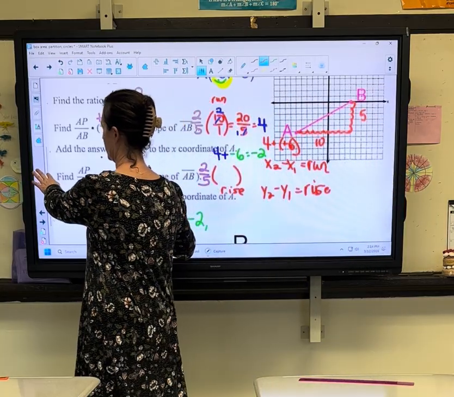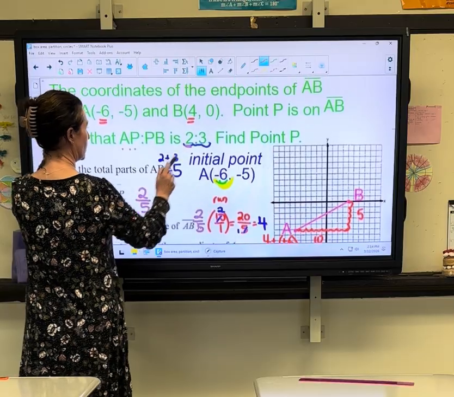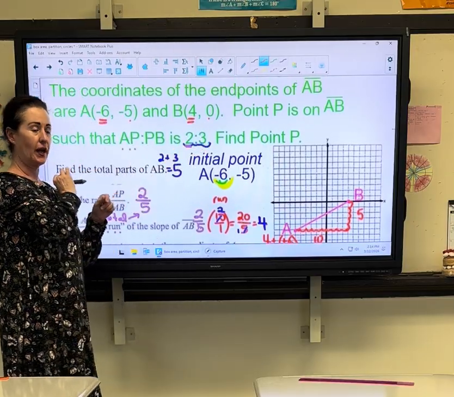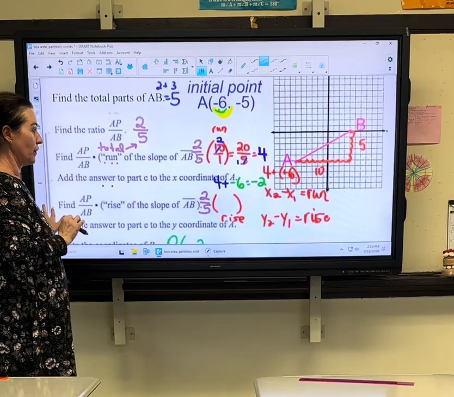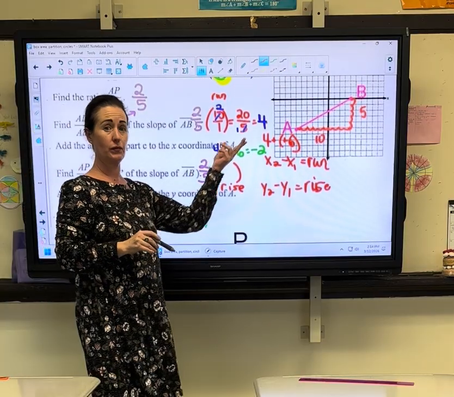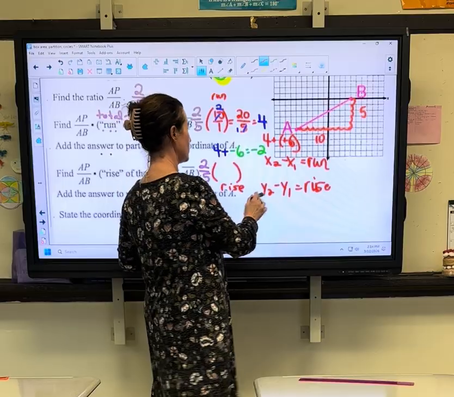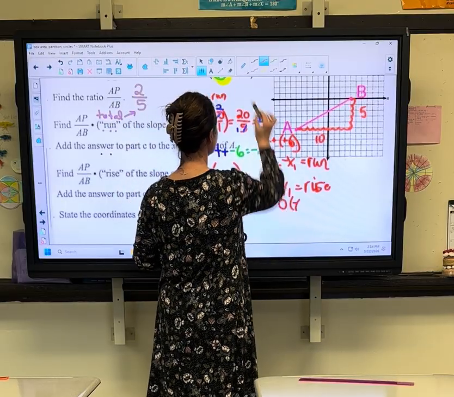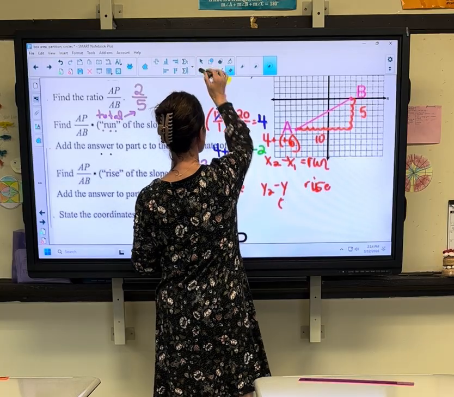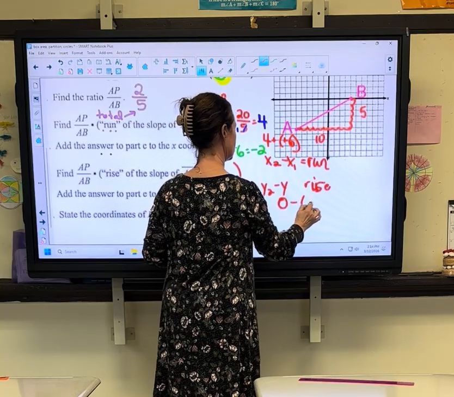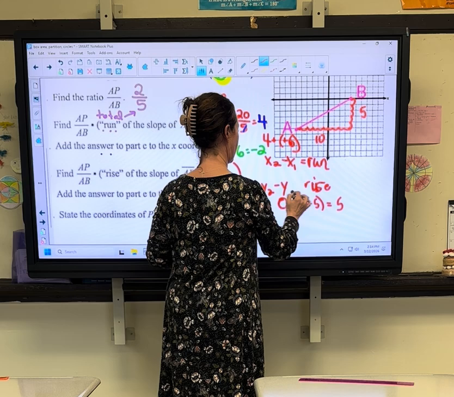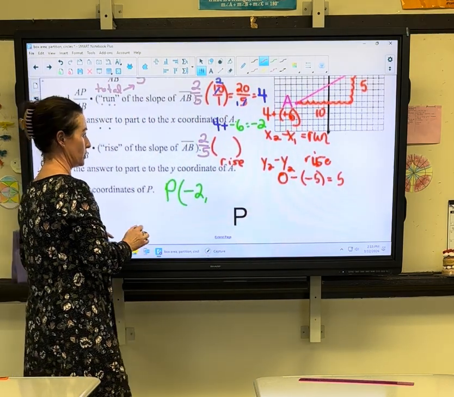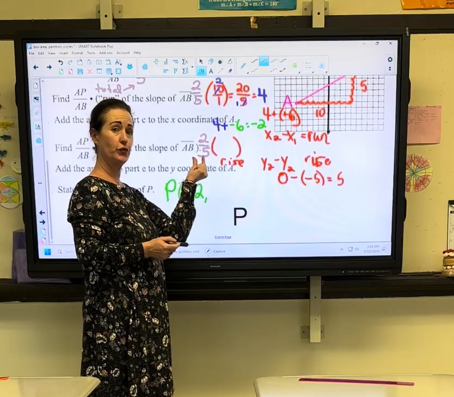Looking at those coordinates, you would have the 0, my y2, minus the -5. So 0 minus -5 is 5, which was the same as counting on the graph. So I'm taking that 5 value and multiplying it by that same fraction 2/5.